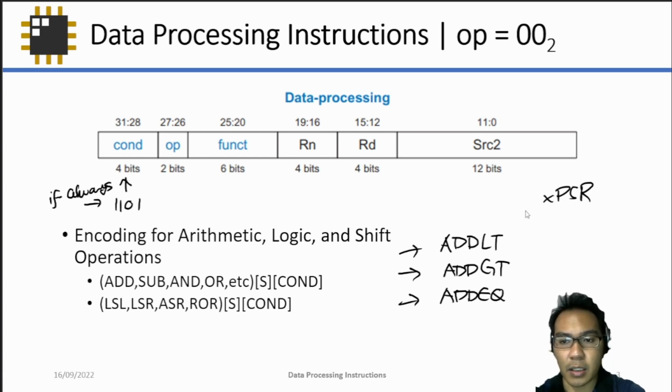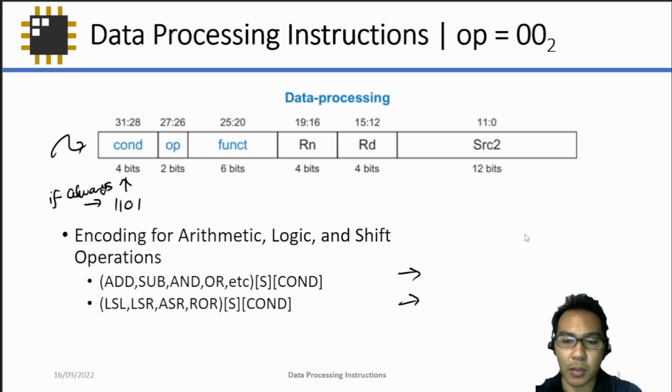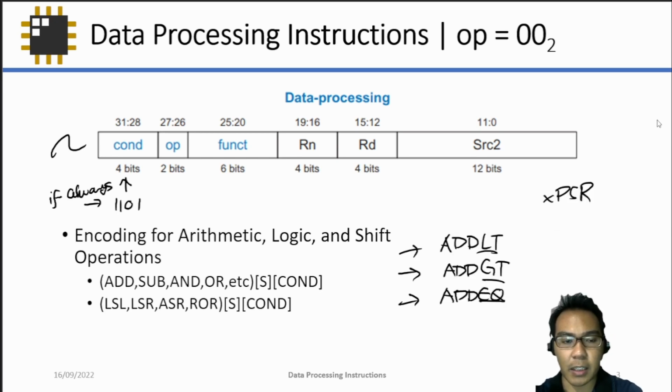So these words right here are actually what you put into the condition. So just remember that if it's always true, it's 1101. But you're gonna have to consult the manual from week 2 in order to see which conditions are which.